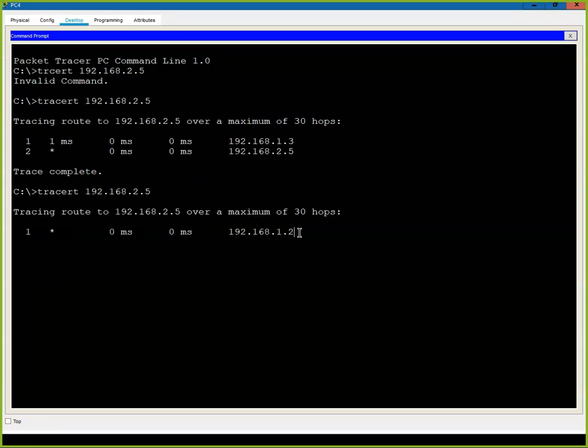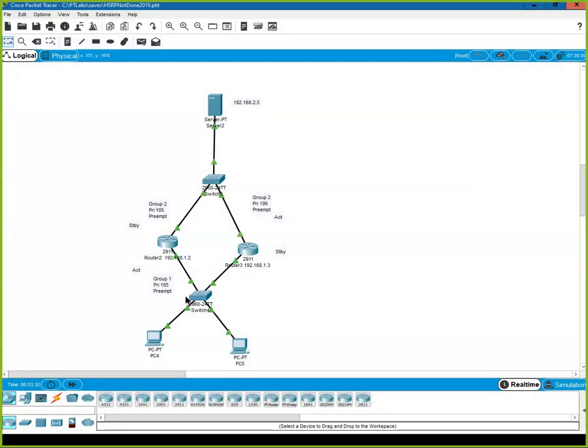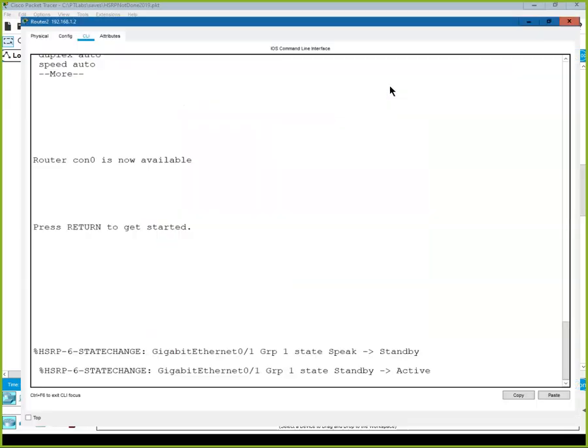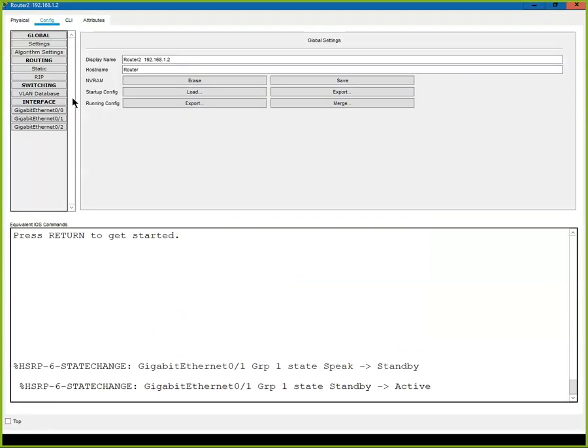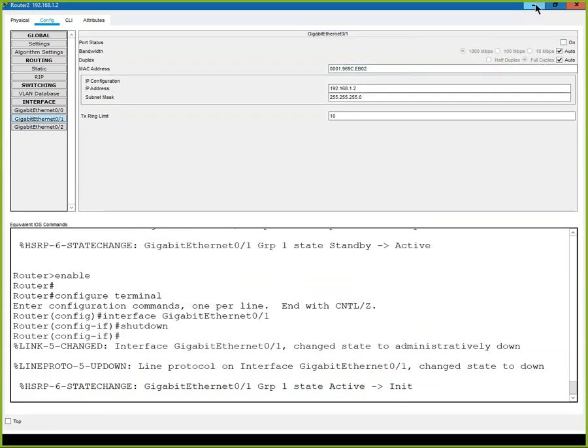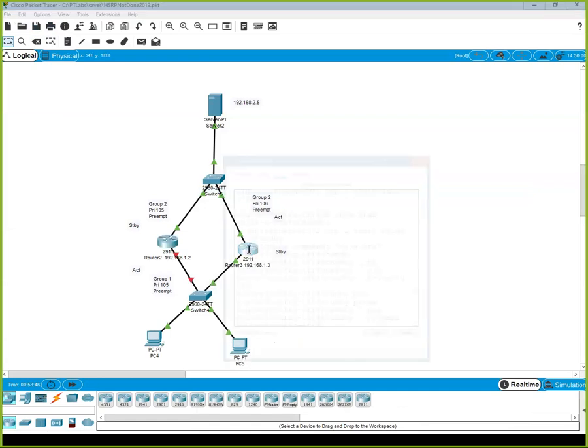And so we went to 1.2 this time, which is the physical IP address of the other router. So if this interface fails, and we can go in here and make this interface fail, as inside it was Gig 0/1, right? We'll make that interface fail.